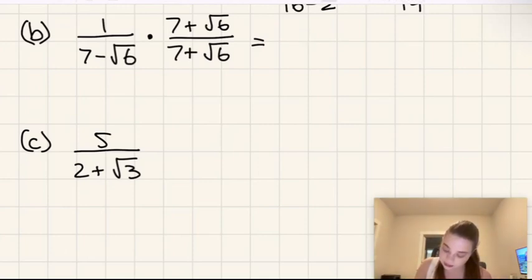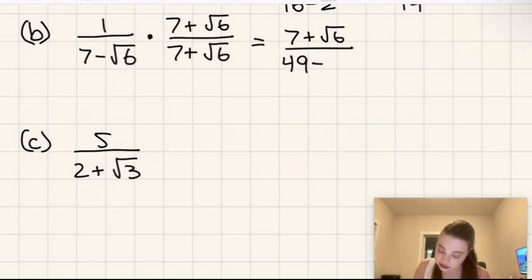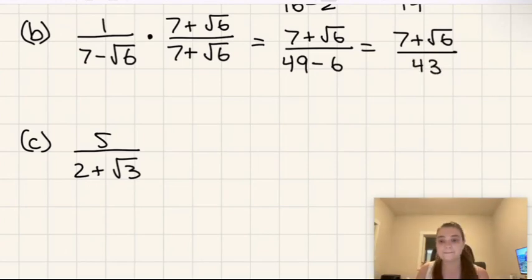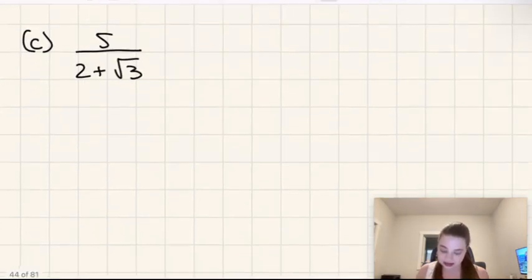So in the numerator, we're just going to have 7 plus root 6. In the denominator, we're going to have 7 times 7, which is 49, and then minus root 6 times root 6, which is just 6. So that means we're overall going to have 7 plus root 6 over 49 minus 6, which is 43, like that.